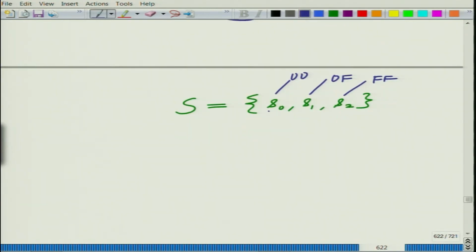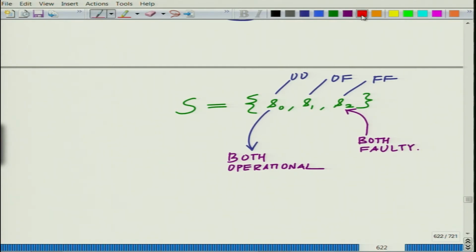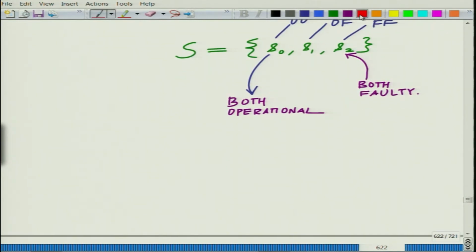So this is basically both operational, this is both faulty, and this is essentially one operational, other faulty.